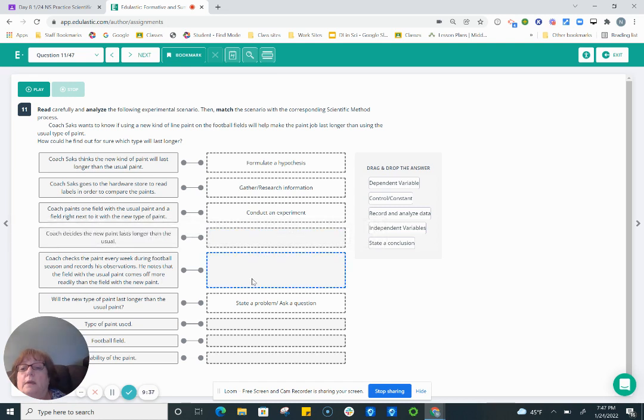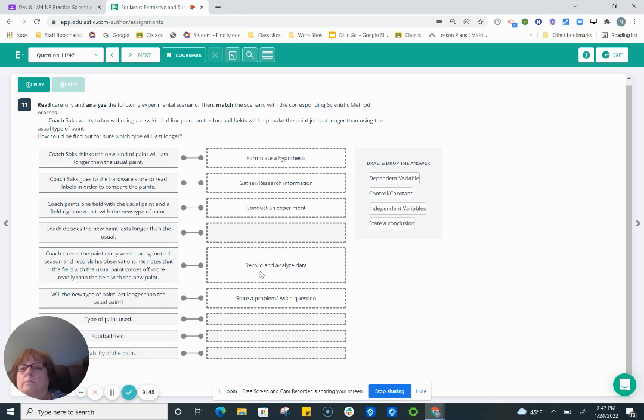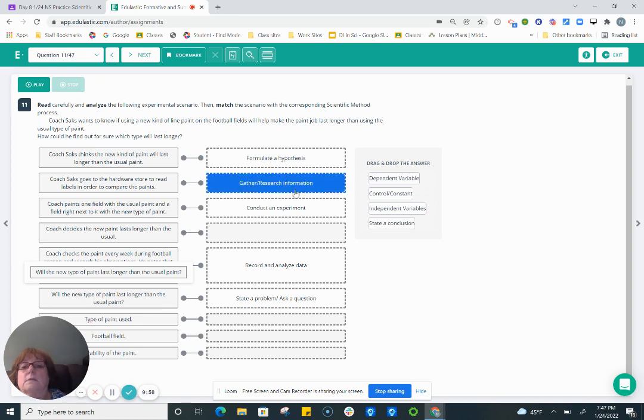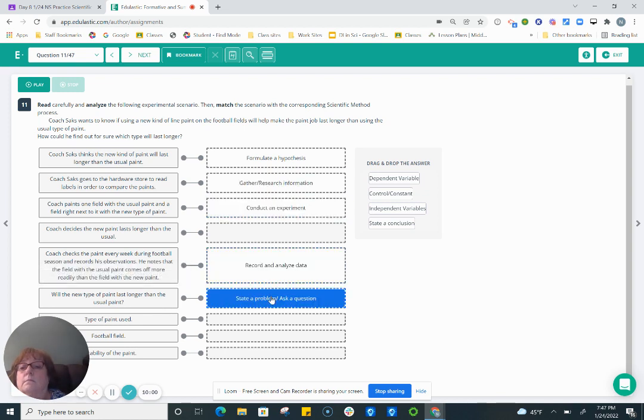Notes the field with the usual paint comes off more, so that's record and analyze data. Will the new type of paint last longer than the usual paint? That's state a problem.